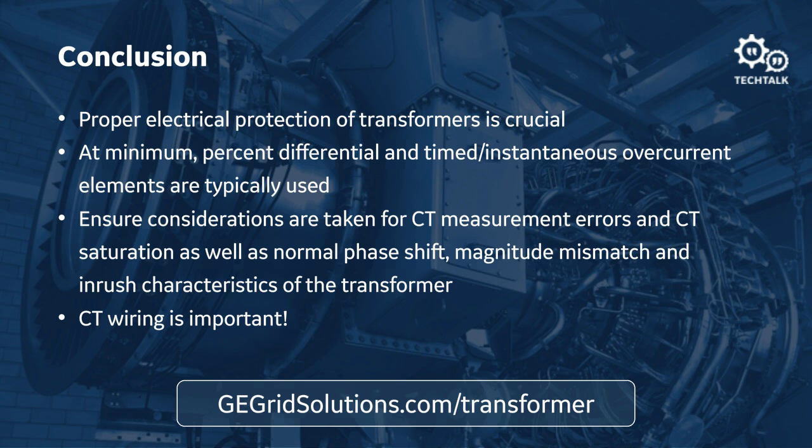How can I confirm my test results to know if my differential is operating properly? If you're testing the differential element with a test set, there's a couple ways to approach this. You can do all the calculations manually. You know what the winding currents you're injecting are.